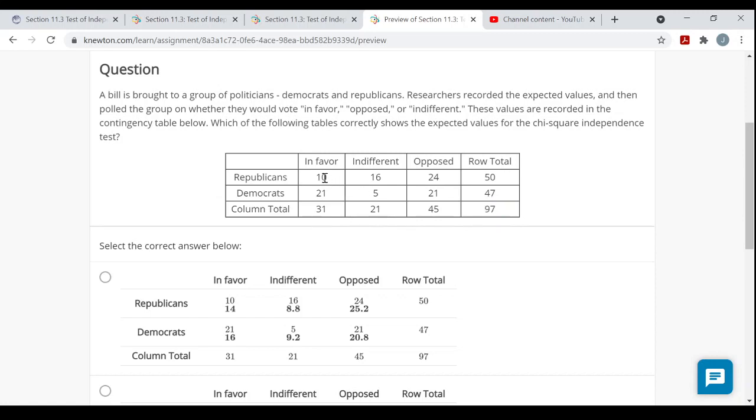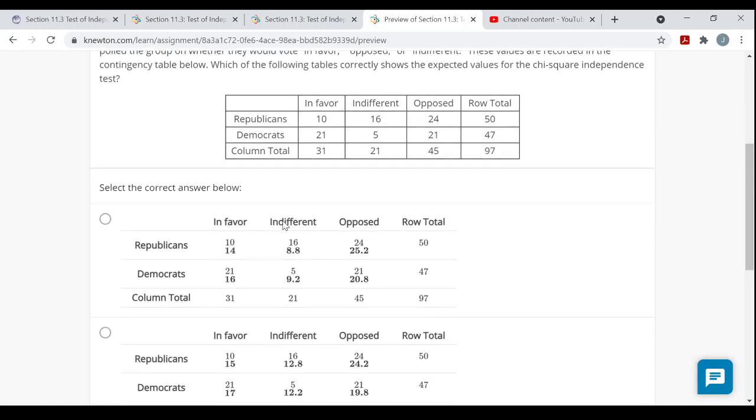So for the expected value of this first row, first column, the Republicans in favor, I'd take 50 times 31, that would be 1550, and then divide by 97. So a little more than 15.5.